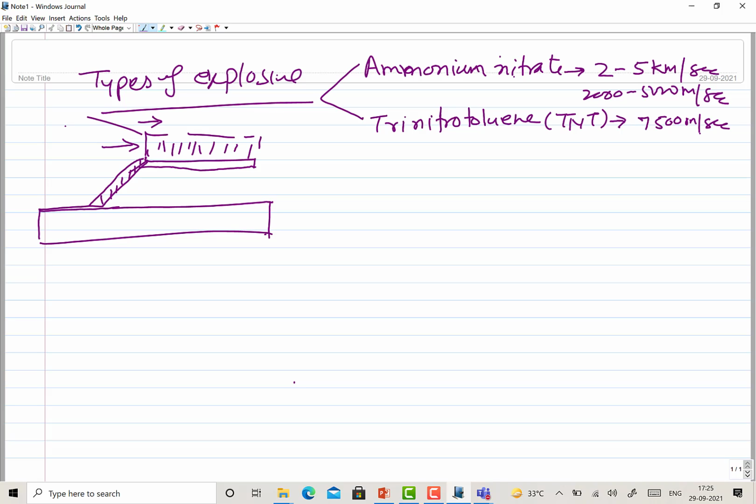Typically the flyer or prime member, the moving plate, is moved under the effect of these explosives at about 150 to 300 meters per second.